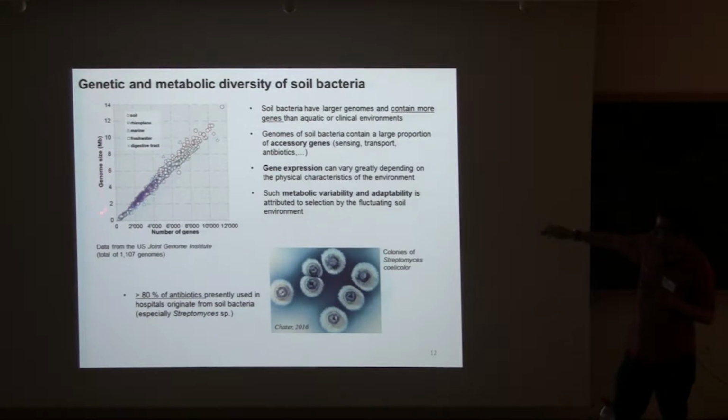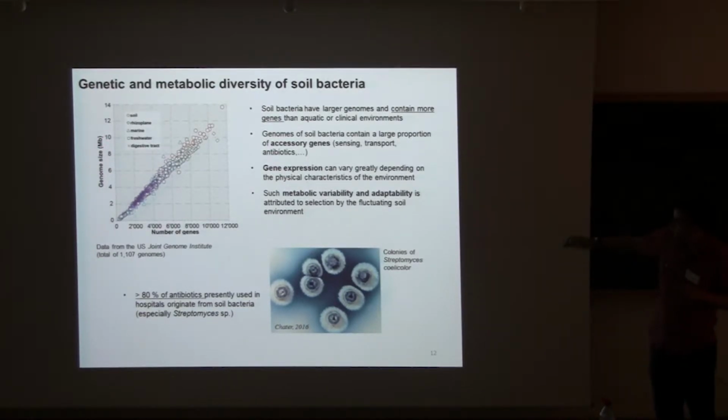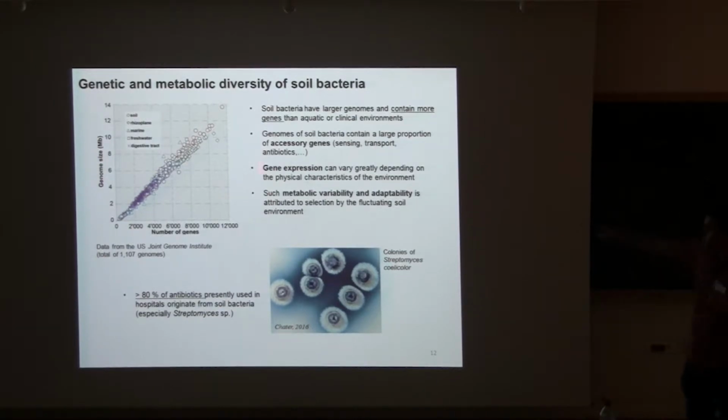On this axis, you have the genome size in megabases. On that axis, you have the number of genes. And those are the environments where the isolate came from. What you'll see is that soil and the rhizoplane, so bacteria that are associated with plant roots, are the ones that tend to have the largest genome and number of genes. You can also see there's a very good correlation between the number of genes and the genome size.